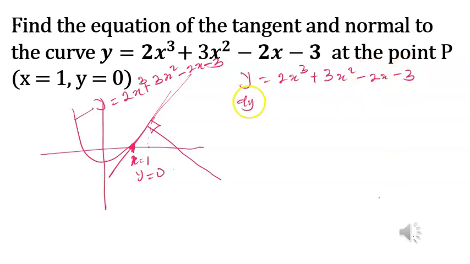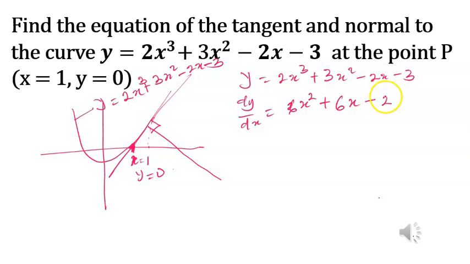So dy/dx will be equal to the derivative of 2x raised to power 3, which becomes 2 times 3, that's 6, x raised to power 3 minus 1, that's 2. Plus 2 times 3 again, that's 6, x.